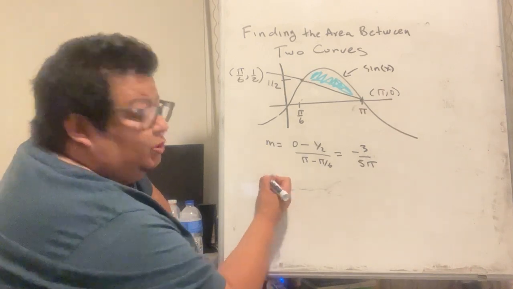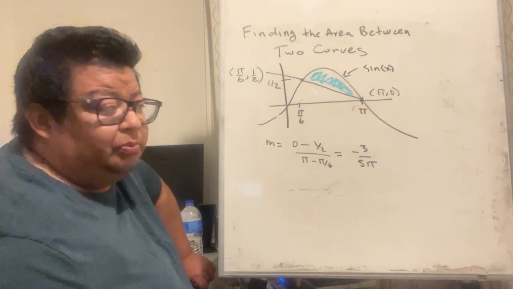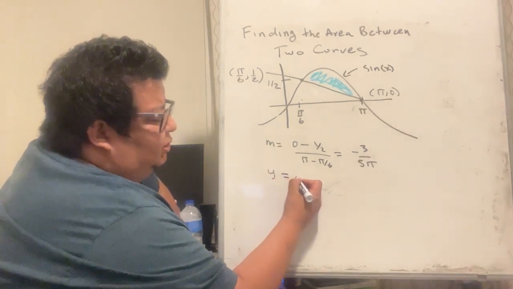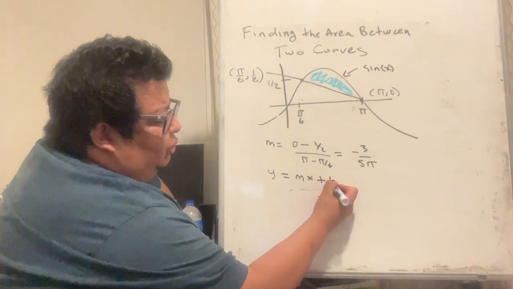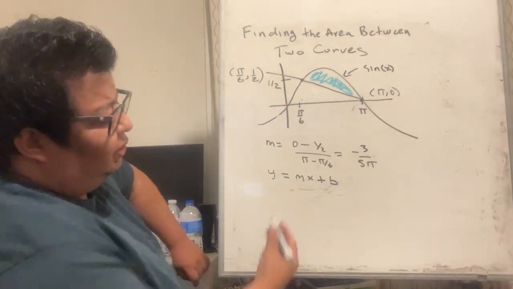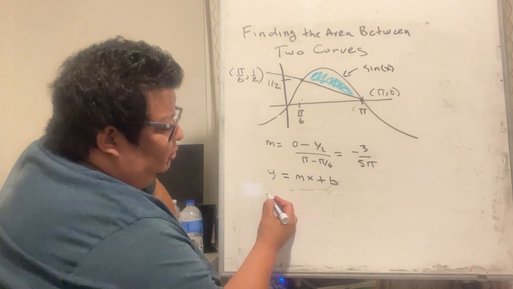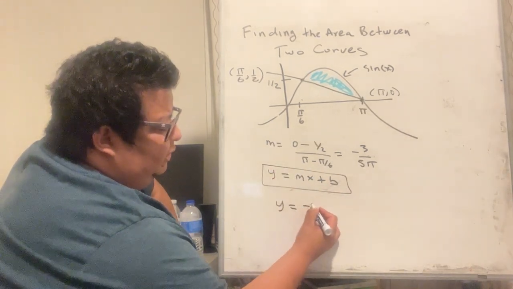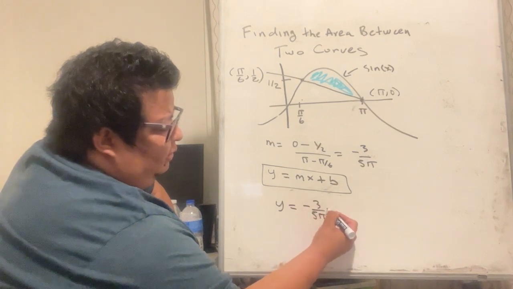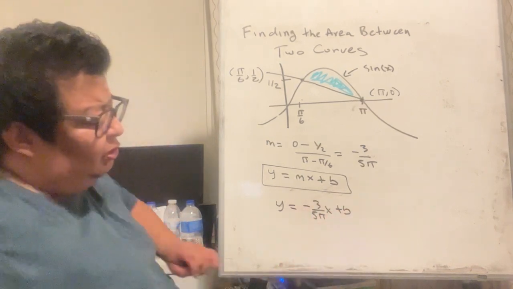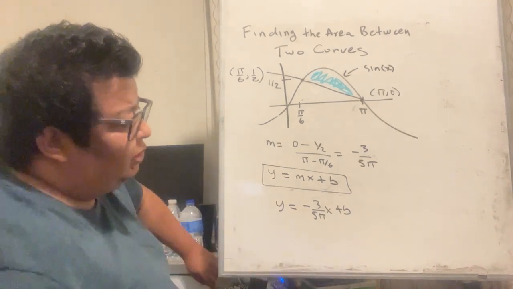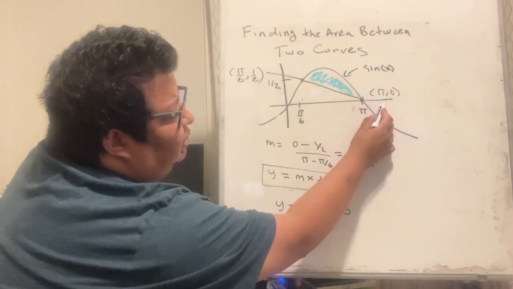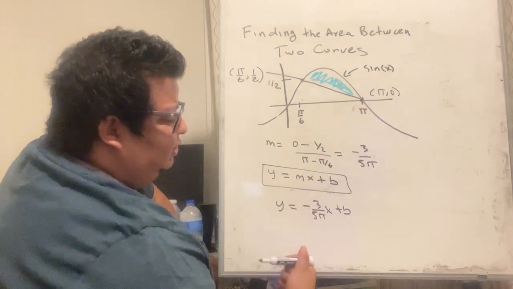The next step is to use slope-intercept form, y equals mx plus b. Since this is a line segment, I'm going to use this formula. We plug in m, which is negative 3 over 5 pi, x plus b. All we're left to find is b. We plug in a point, either this one or this one, but I'm going to pick this one because it has a 0 in it, so it's easy.